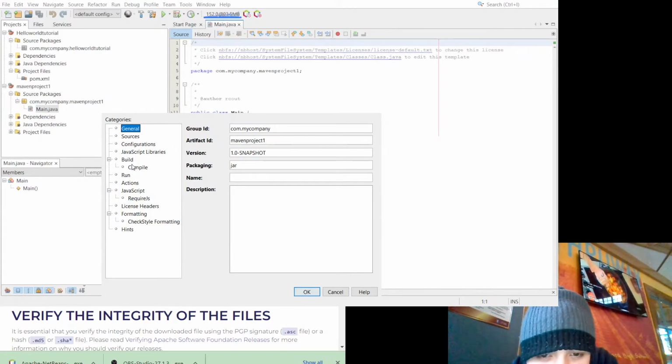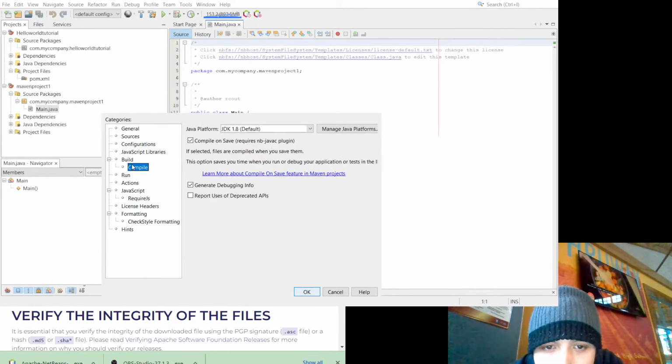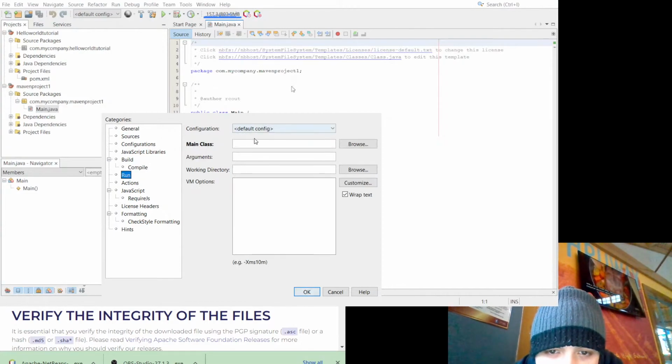So yeah, it's supposed to have a main class. I don't know why it doesn't. That's a problem I'm kind of facing.